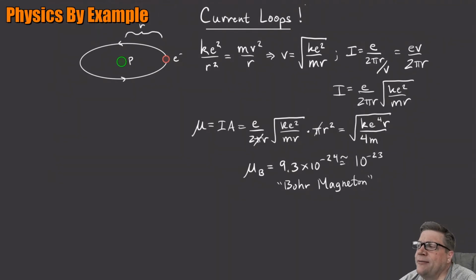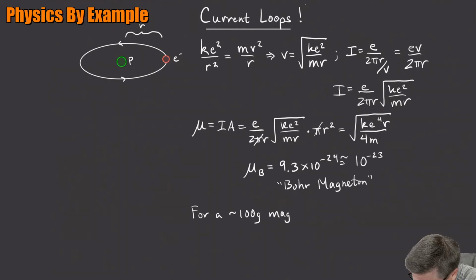This would predict for about a 100-gram magnet. The molar mass of iron is like 56, something like that.